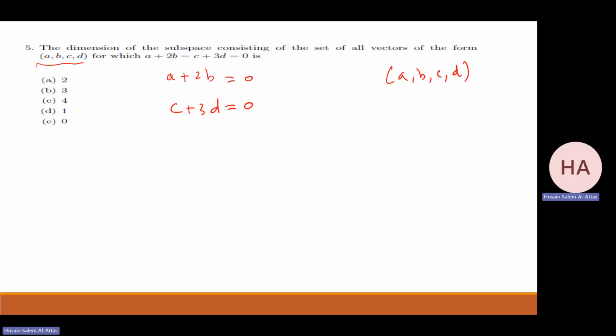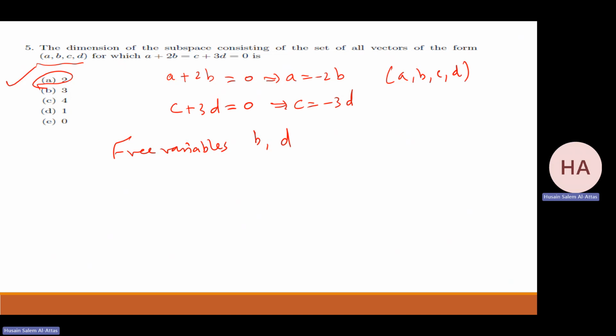I have A equals minus 2B, and C equals minus 3D. So very clear. How many free variables do I have? I have two free variables, which are B and D. That gives me the dimension right away.